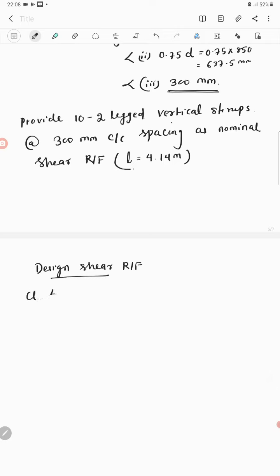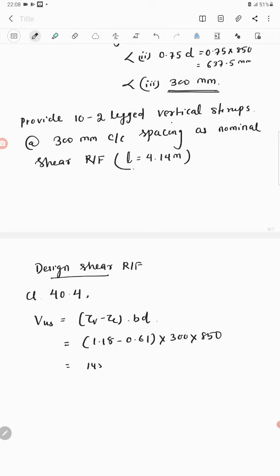So as per clause number 40.4, what is the expression? Vus is equal to (tau v minus tau c) into b d. So this is 1.18 minus 0.61 into 300 into 850, so this is equal to 145.35 kilonewton.